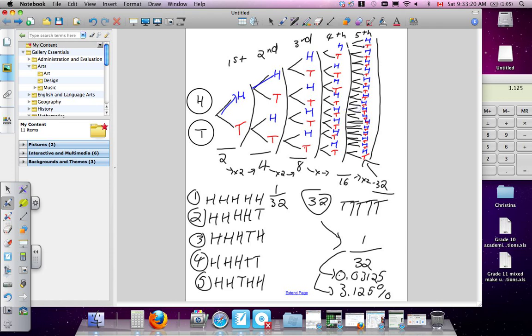I can't jump down to here because it's not connected to my tree. I can only follow where I'm connected. So I could go a funny route. I could go heads and then tails and then heads and then tails and heads. But that's about it. I have to go down the route I'm connected to. I wouldn't be allowed to go tails to heads down to here.